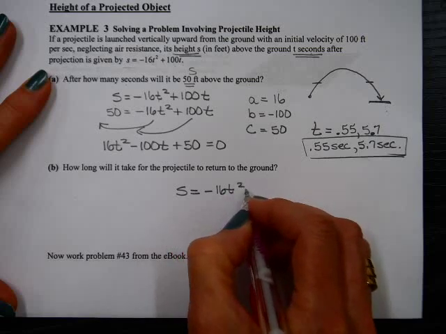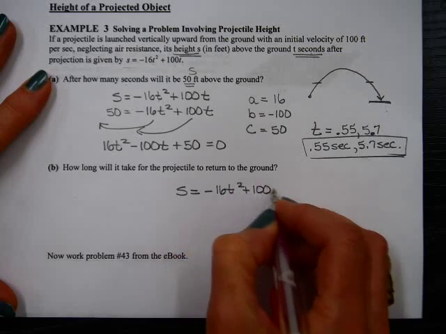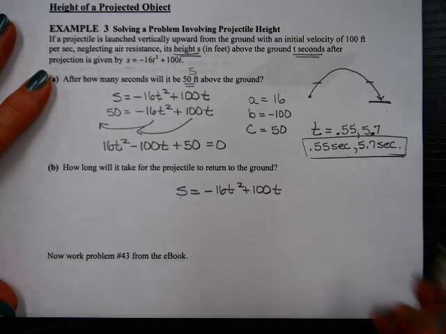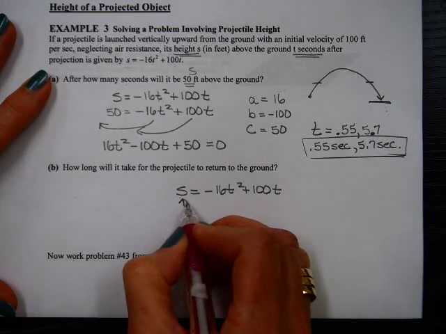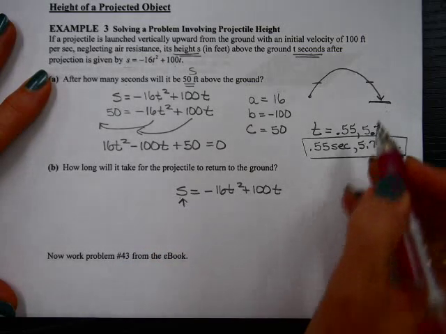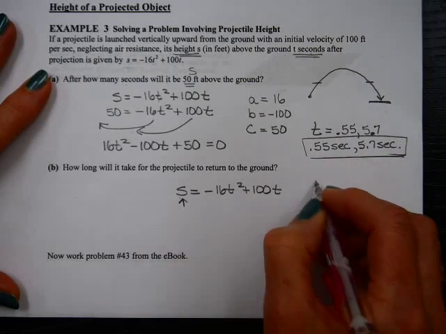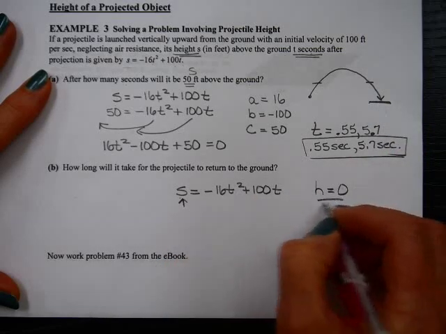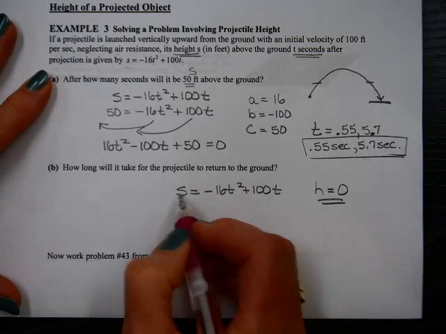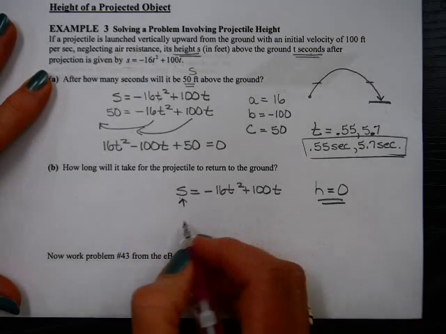Negative 16t squared plus 100t equals s. S is the height above the ground. When this projectile hits the ground, how high is it? Well, when it hits the ground, the height has got to be 0 because it's on the ground. So we're going to put 0 in for s.